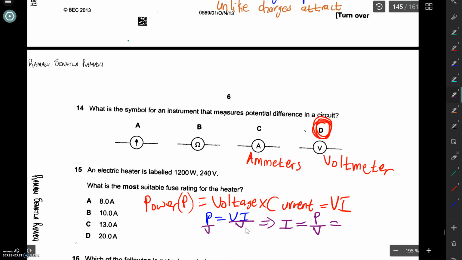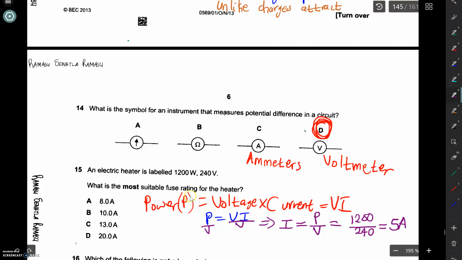Your power is 1200, and your voltage is 240 volts. So your answer becomes 5 amperes. This means that the heater needs 5 amperes for it to work.